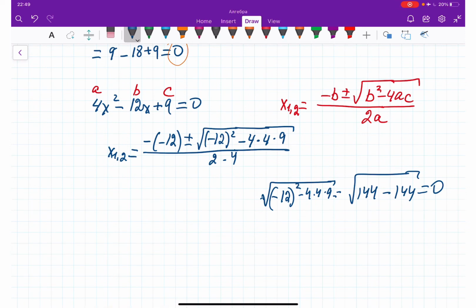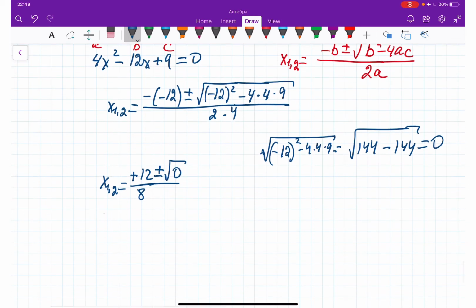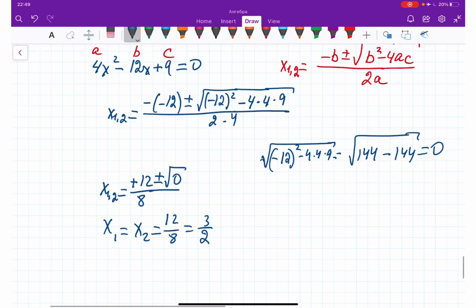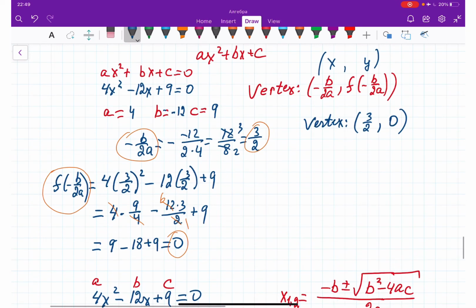Right? Since it's going to be equal to 0, then we have x1,2 is equal to negative, so it's going to be positive 12 over 8. Because the other type, the plus or minus part, is going to be 0. We will end up with only one x practically. Let me put it this way so it will be understandable. We will have only x1, that is equal to x2, and is going to be equal to 12 over 8. And the result is going to be 3 over 2. That's the only intercept it's going to have, which is 3 over 2, practically our vertex.